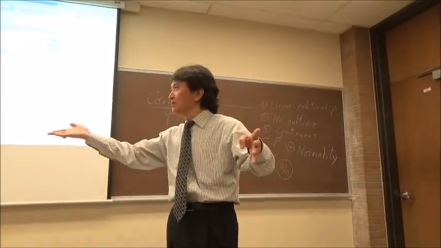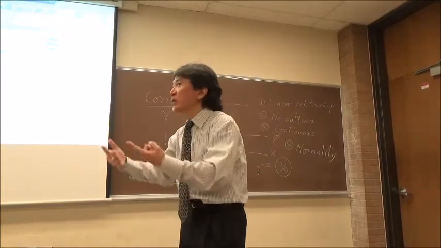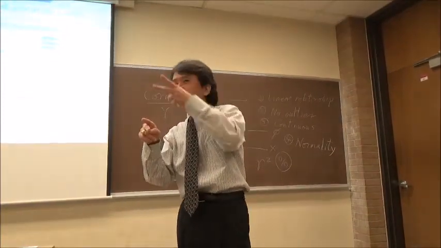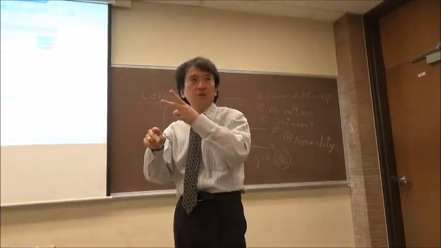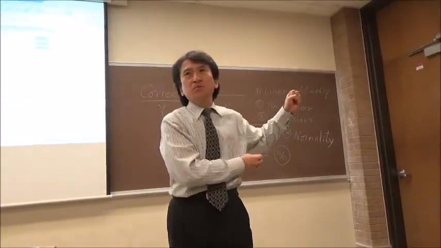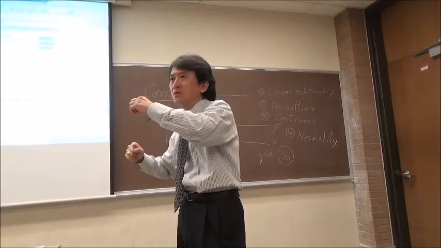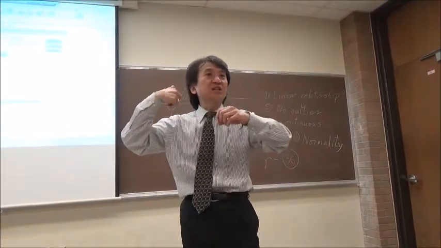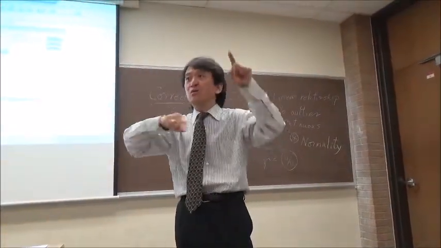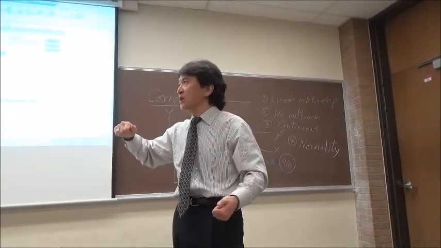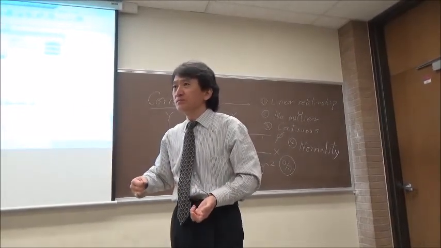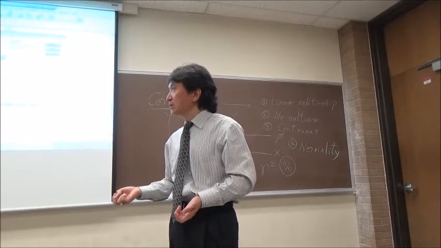So my point is you don't have to do 2 by 2 repeatedly. You can just input all 10 or 20 variables, continuous variables, and SPSS can simply calculate a 10 by 10 or 20 by 20 correlation matrix for you. It's quick, right? Does it make sense?